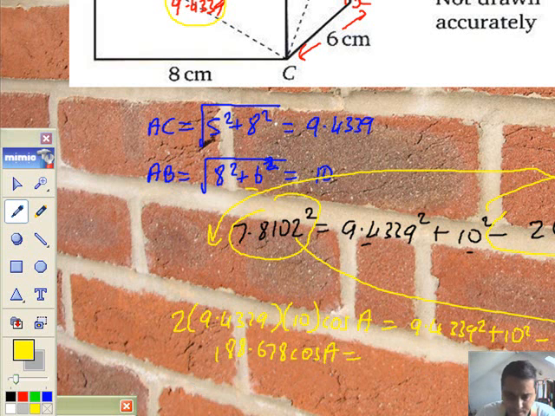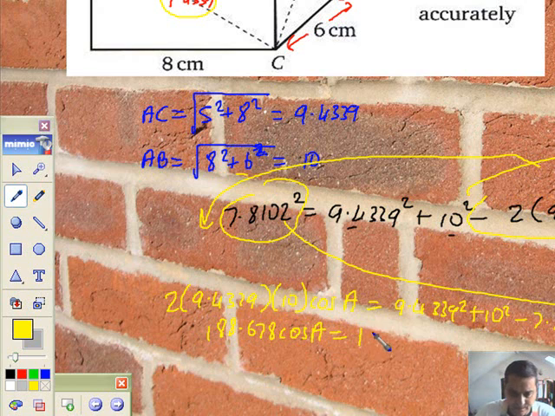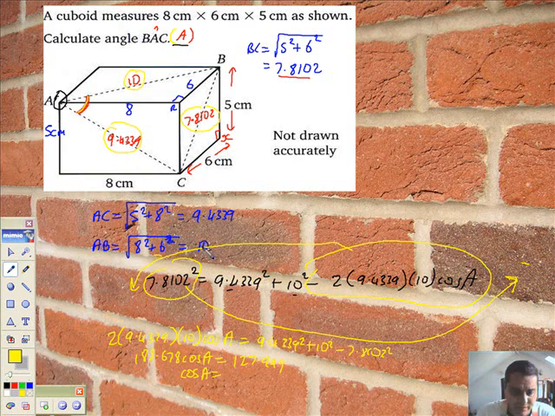So let's just work that out. 9.4339 squared plus 10 squared is 100, and then subtract 7.8102 squared, and that gives us 127.999.